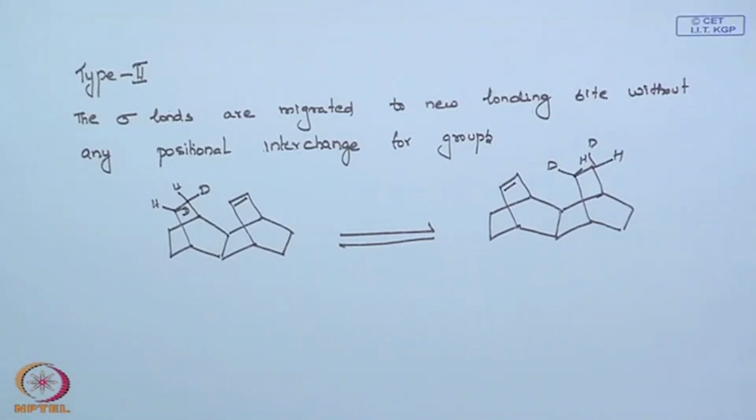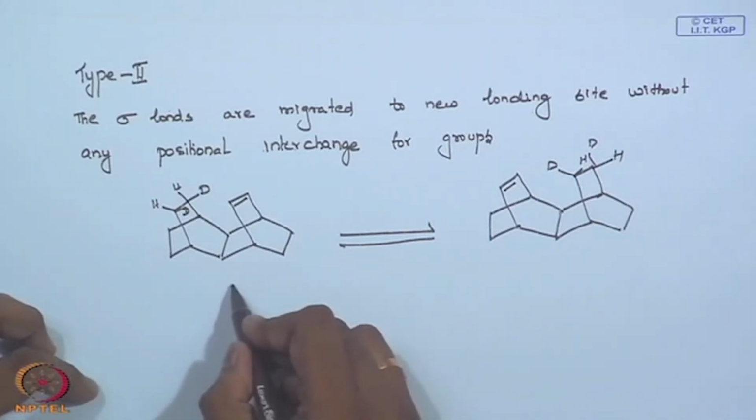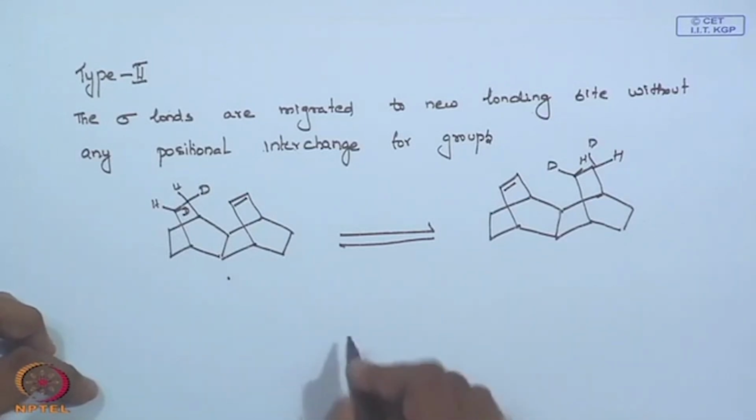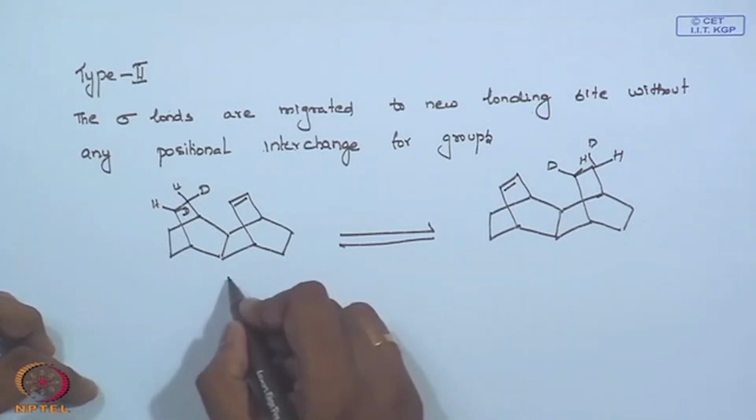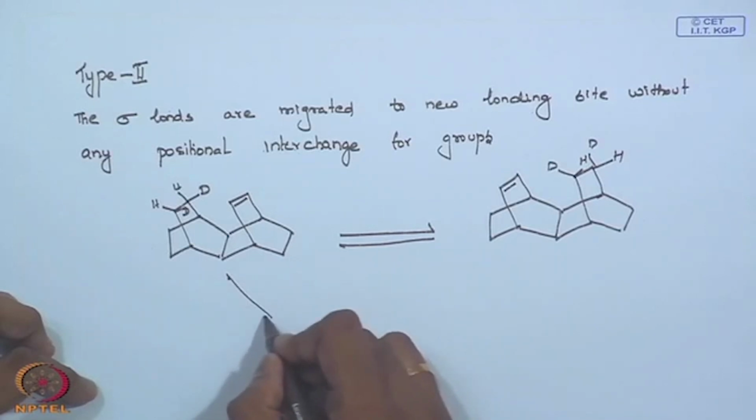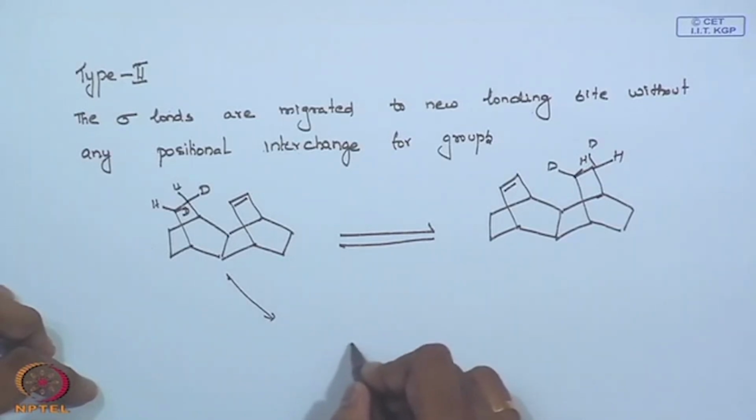How does it happen? Just to understand what the transition state can be.